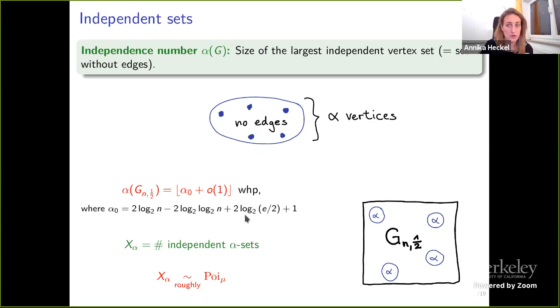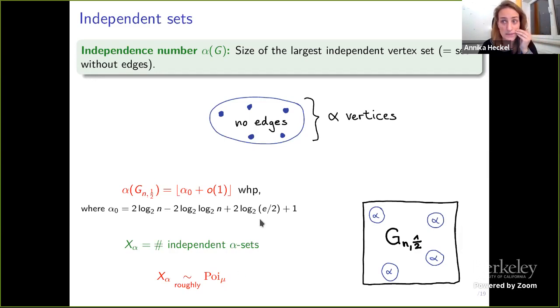Okay, and we know even more about this. So if we count the number of maximum independent sets, so independent sets of size alpha, because they are so small, they are of logarithmic size, they appear basically independently in G(n,1/2). So in particular, you can use Stein's method to show that the number of independent sets of size alpha is roughly Poisson distributed, with the right mean.